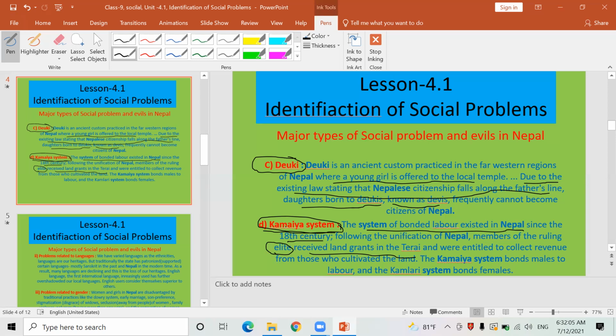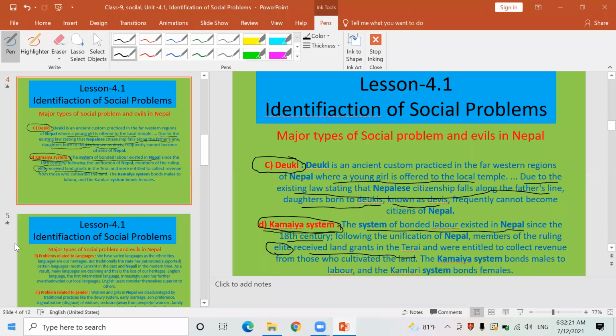That very system is known as the Kamaya system. It has been going on till now in Nepal. The Kamaya system bonds males to labor, and the Kamalari system bonds females.